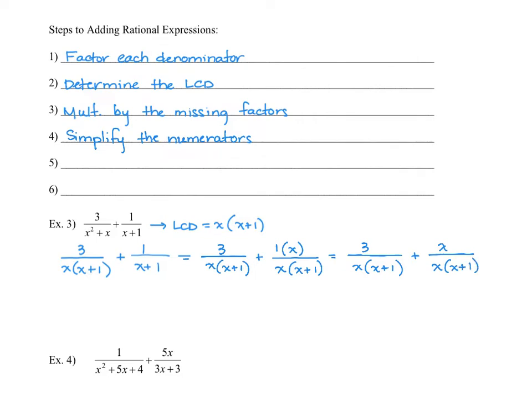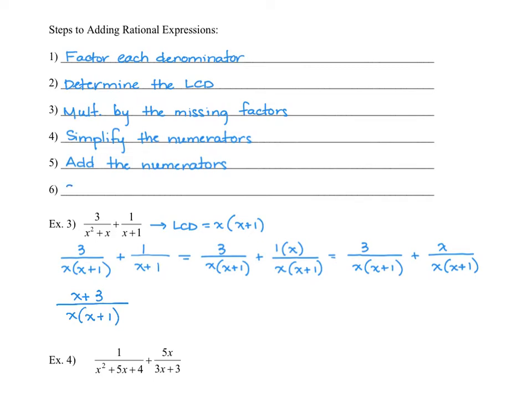Step number 5 is to add the numerators. And when I add 3 plus x, I end up with x plus 3 over our least common denominator of x times x plus 1.